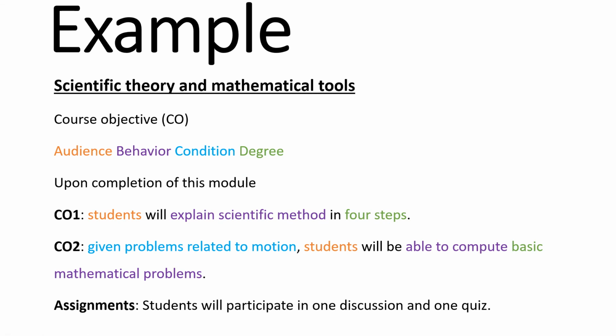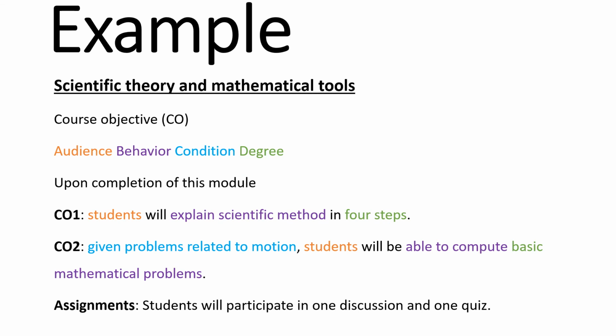After I teach about scientific theory and mathematical tools, this is just for one chapter, right? But this could be the course outcome, because from the first few chapters or topics, what they should know, what they should understand, right?